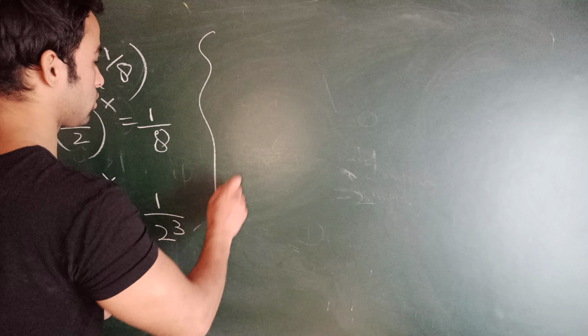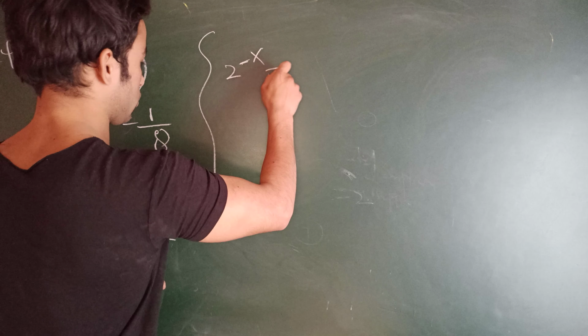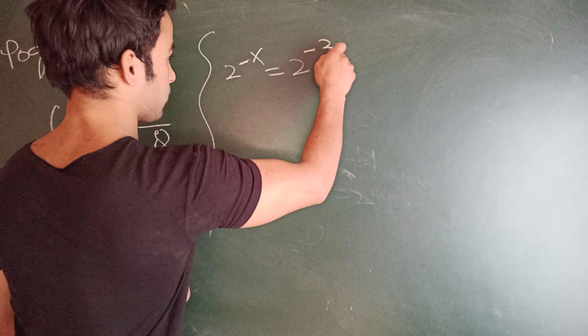On the left, 1 by 2 to the x becomes 2 to the minus x. So 2 to the minus x is equal to 2 to the minus 3.